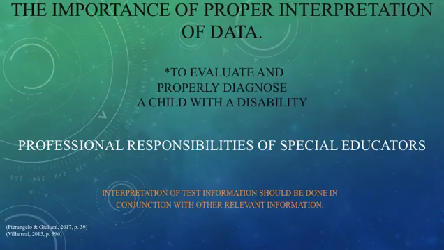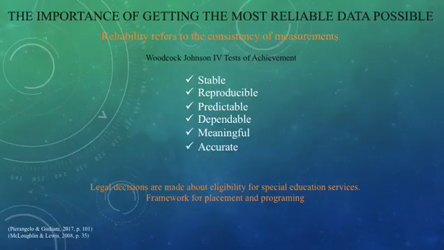Without the proper understanding or interpretation of data, you will not be able to critically evaluate and properly diagnose a child with a disability. The interpretation of the test information should be done in conjunction with other relevant information. Legal decisions are made about eligibility for special education services.